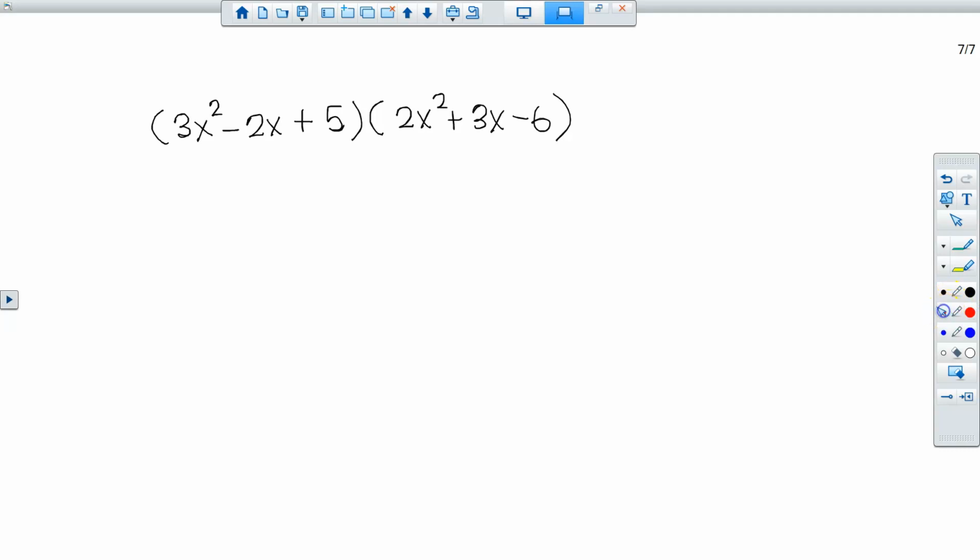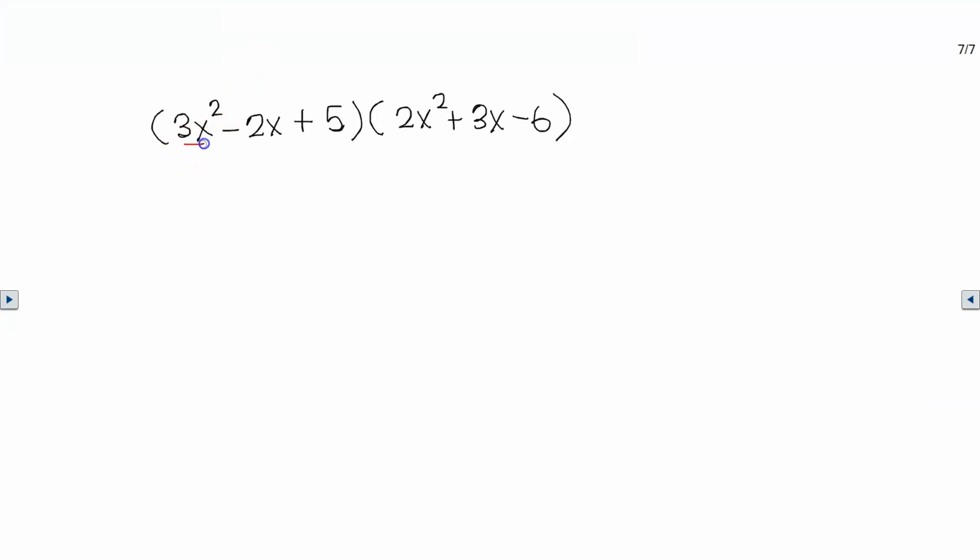The only thing it does is it causes me to have to do a little more work. So I'm going to start here with my first term of 3x squared and make sure that it gets distributed to the entire second polynomial. So I will do 3x squared times 2x squared. My product rule tells me that that will be 6x to the 4th power.